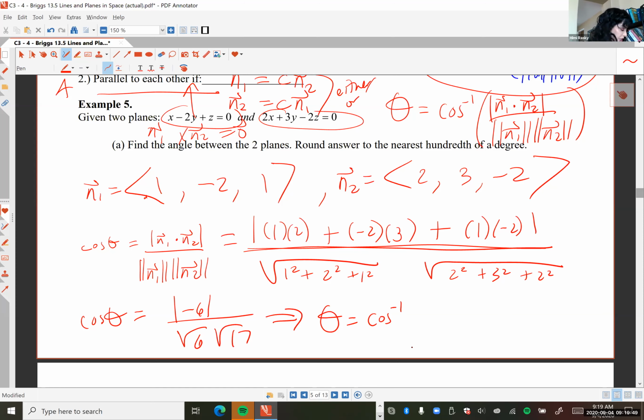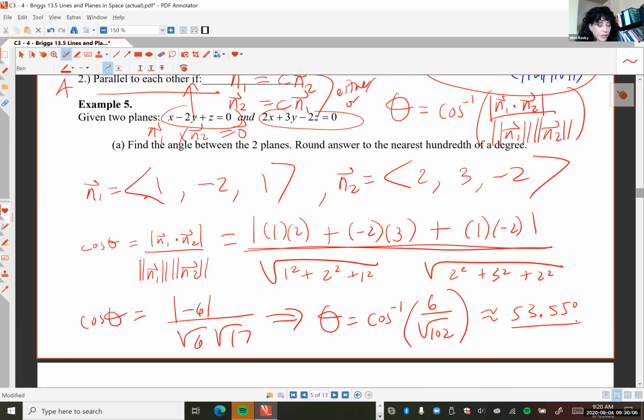If you're in degrees mode on your graphing calculator, this should work. I get roughly 53.55 degrees, and that is an acute angle. So there you go.